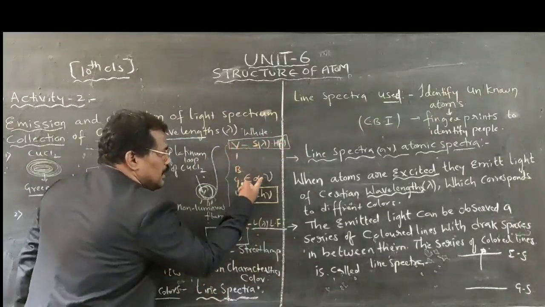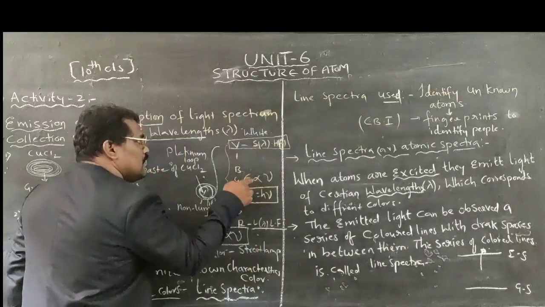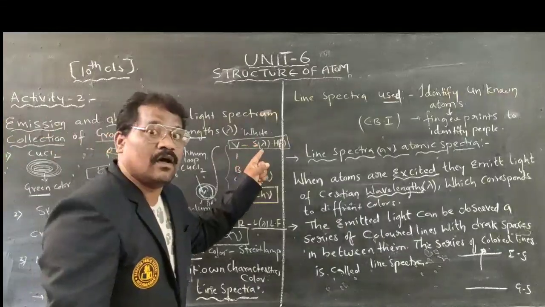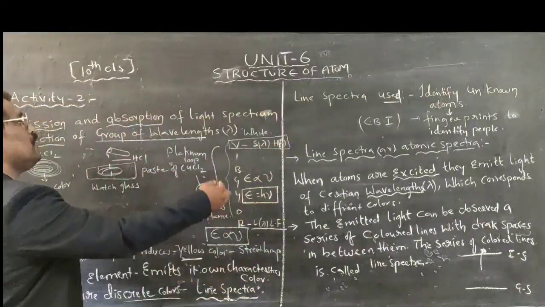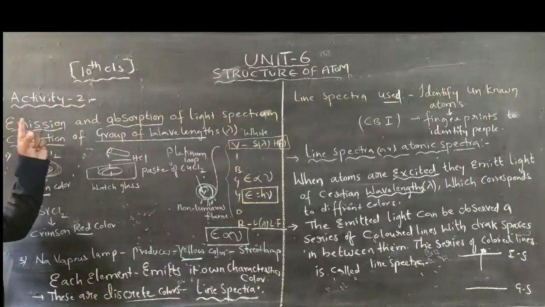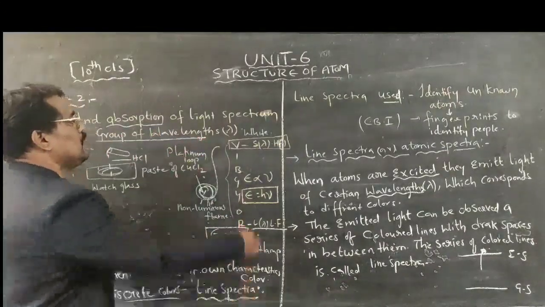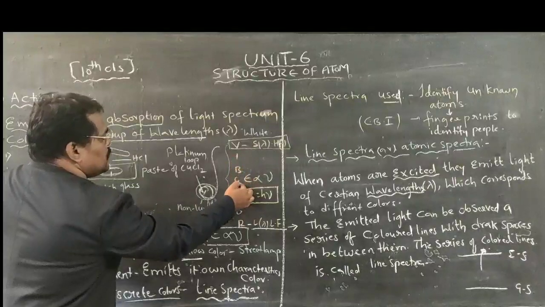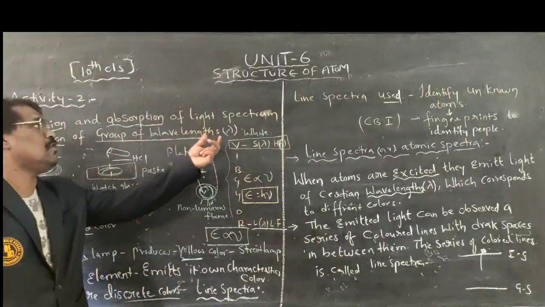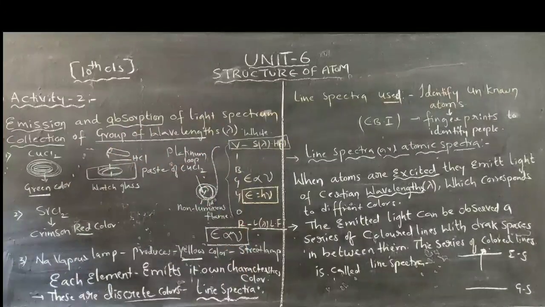Due to variation in wavelengths, frequencies and energies, different colors are produced. Therefore it is called a collection of a group of wavelengths, V, I, B, G, Y, O, R, that is a spectrum.